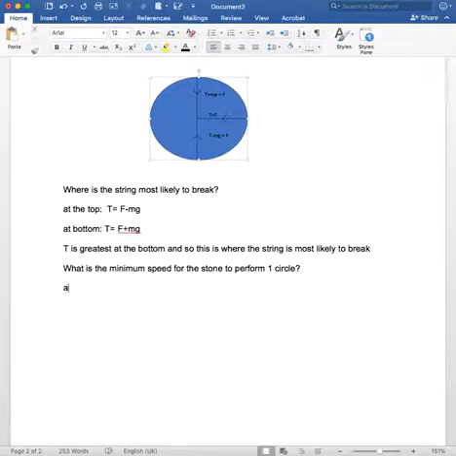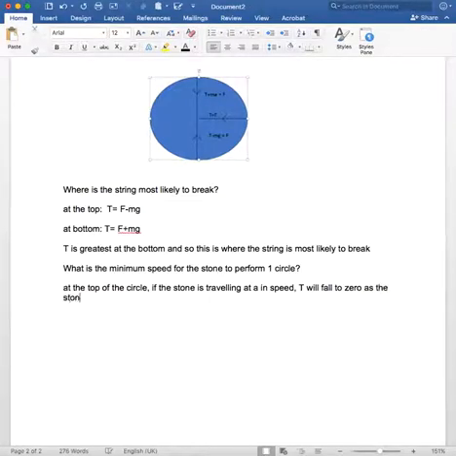Well, at the top of the circle, if the stone is travelling at a minimum speed, T will fall to 0 just as the stone goes over the top, right?